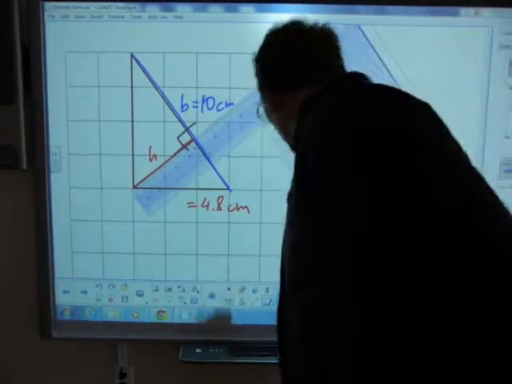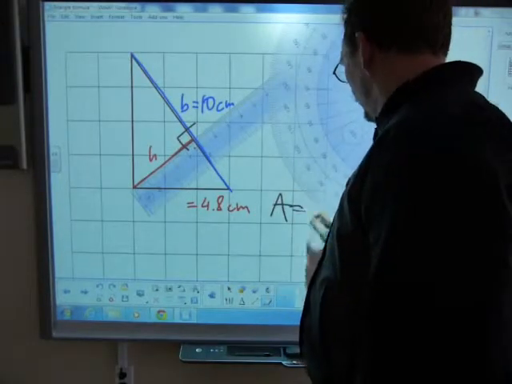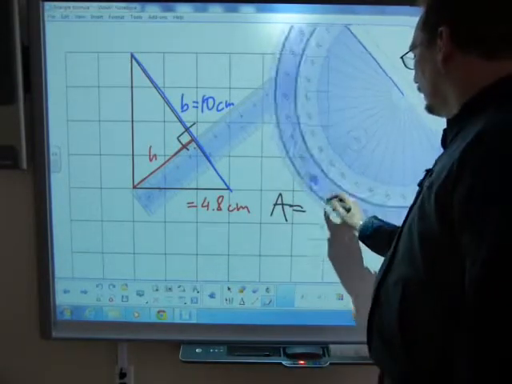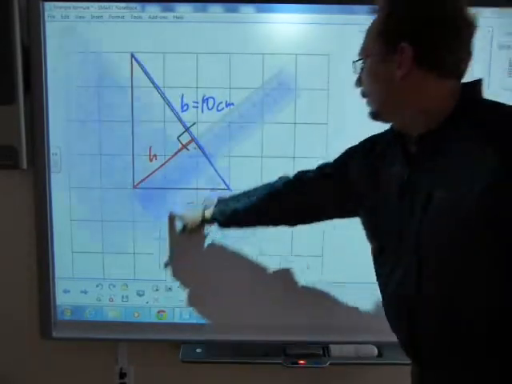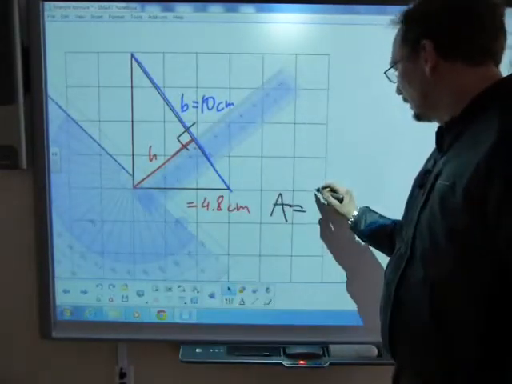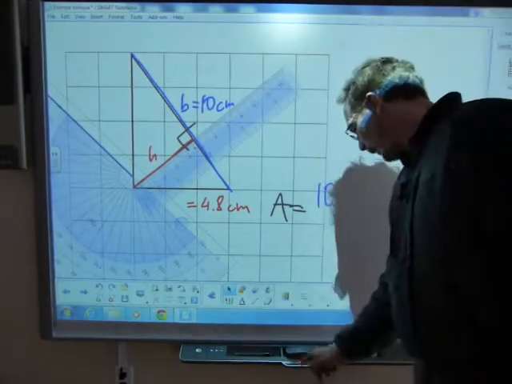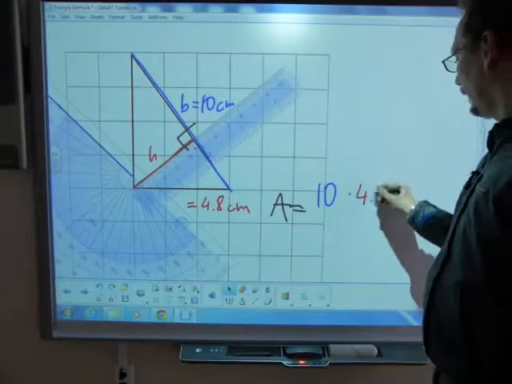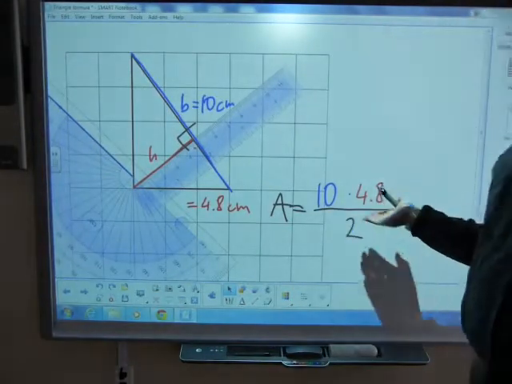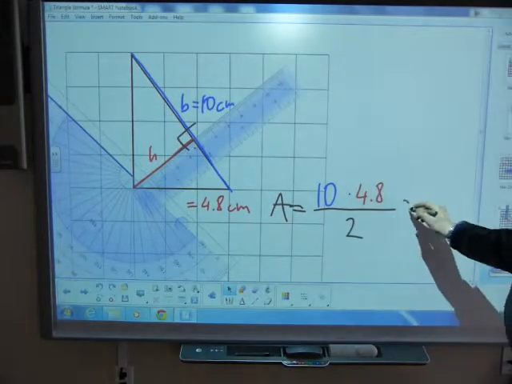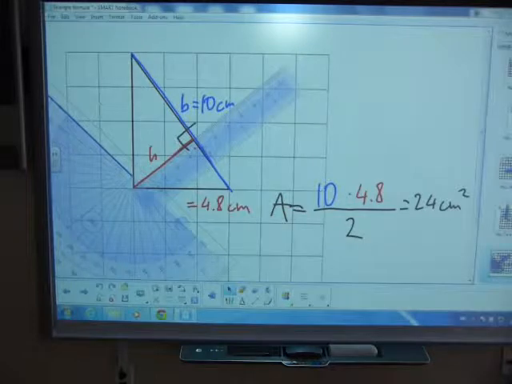Let me just get rid of this protractor somewhere there. So again, the area was 10 multiplied by 4.8, which is 48. Divided by 2, it's still 24 square centimeters.